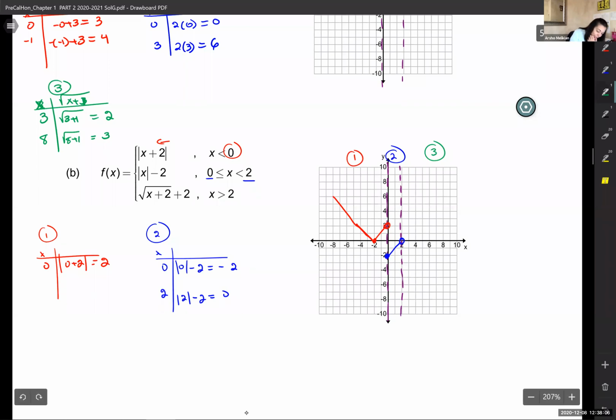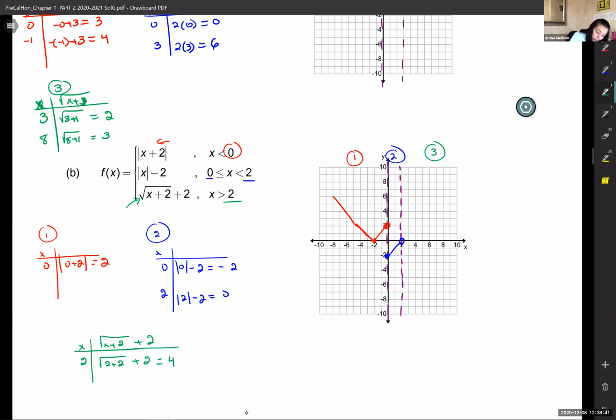Last but not least, we've got that square root function. Okay. The endpoint for that is x equals 2. So that gives me root 2 plus 2 plus 2. So many 2's. How much is that? 4.